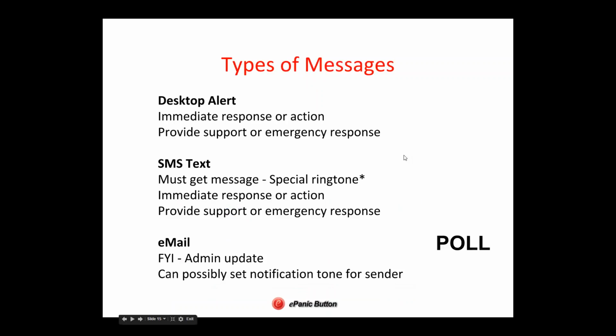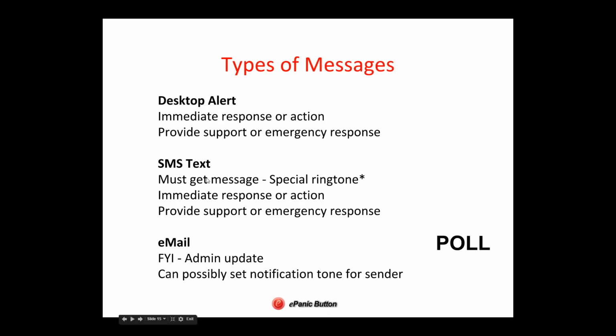One thing, as I talked about before, you have the desktop alert, text message, and emails, but think about who's getting them and how they're getting them. If it's going to interrupt what someone's doing, like emailing or working on a presentation, those are the ones for when you want them to do something right now, whether it's come run and help, or run away, or lock it down, or whatever it might be.